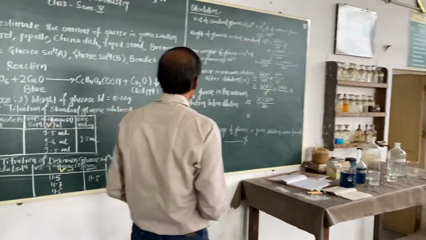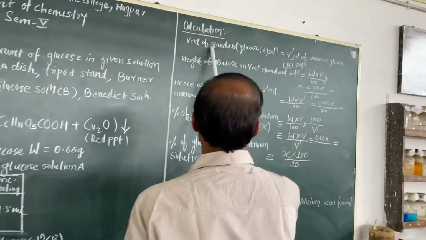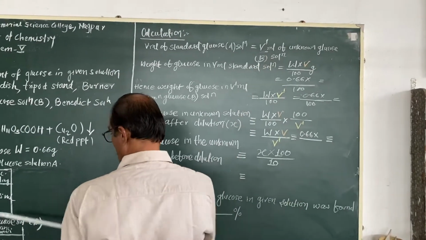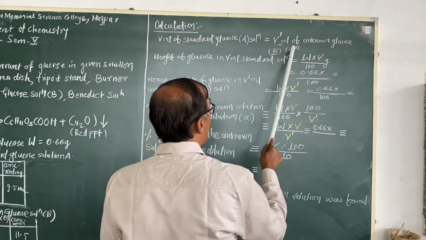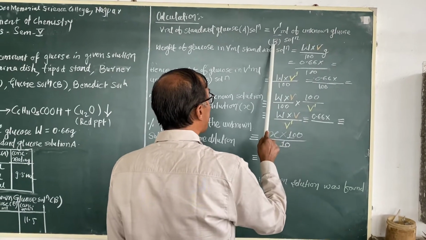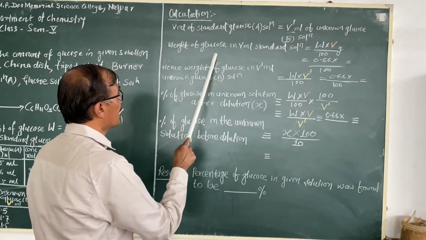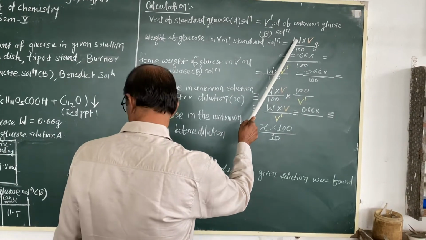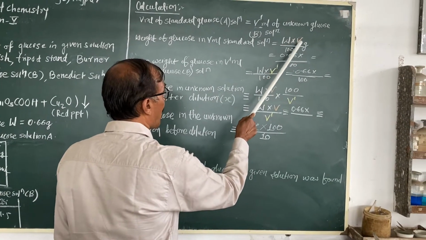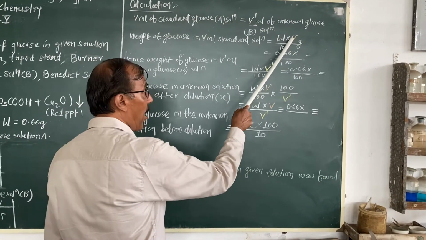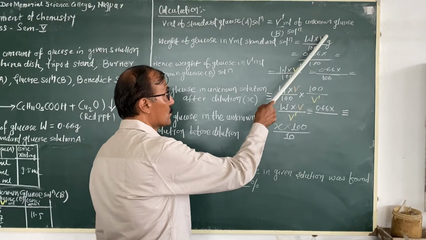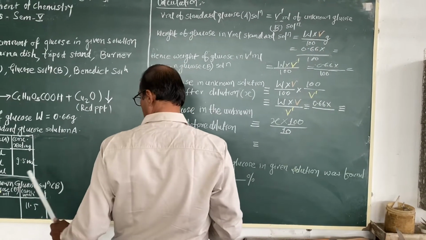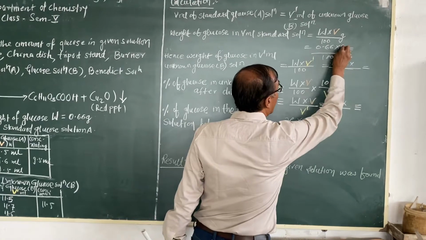Do the calculation. V ml of standard glucose solution A, V dash ml of unknown glucose solution B. So weight of glucose in V ml standard solution is equal to W multiplied by V, where V means the volume of glucose solution A, divided by 100. So I will put it here 9.5.